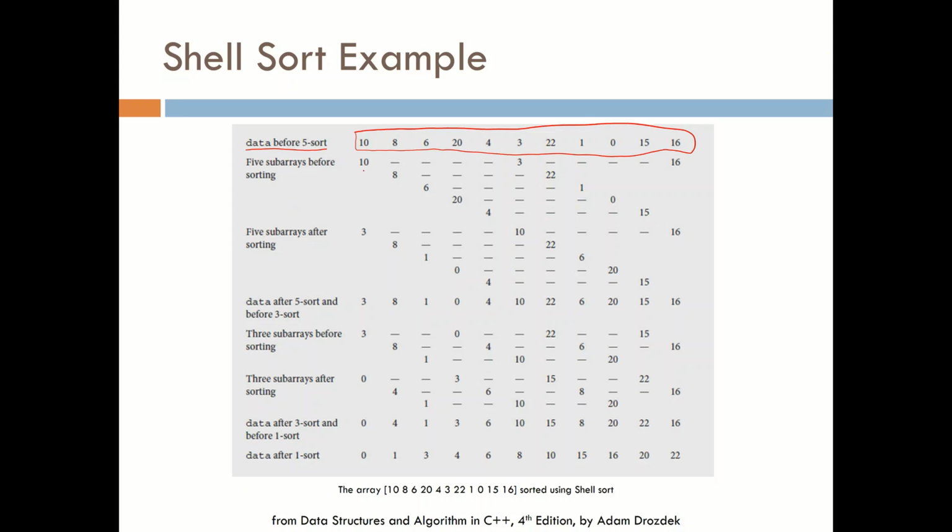Now what we do to pick a 5 sort is we will end up with 5 sublists, and the elements that we will consider are 5 units apart. So if I consider the 10 at index 0, then I go index 1, 2, 3, 4, 5. I add 5 to index 0, and I consider the value at index 5, and then I add 5 more, and I consider the value at index 10.